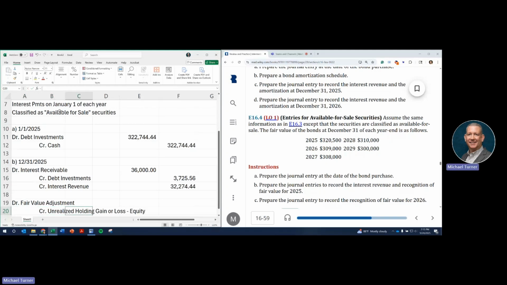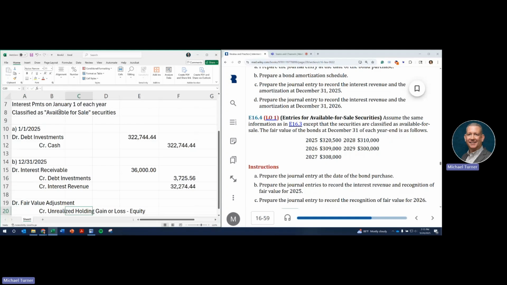Now, because we're doing this available for sale, this is going to look a little different than what you would solve for 16.3 above when it was held to maturity. Remember, available for sale is that at any point during the time we could sell. Our intention is that we would be able to sell these at any point in time during the 5 years that we possibly would own these bonds. We could sell them at any time.